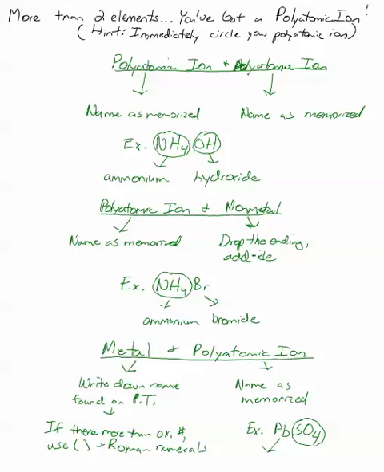So, what is Pb? Well, Pb is lead. And then we got to check on the periodic table, and when we look at lead there, you'll notice that for lead, there's a 2 and there's a 4. So we need to figure out the charge and put that in parentheses. Alright? We'll do that here in just a second.